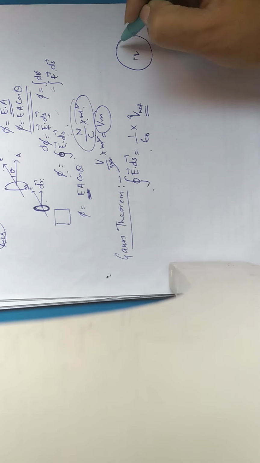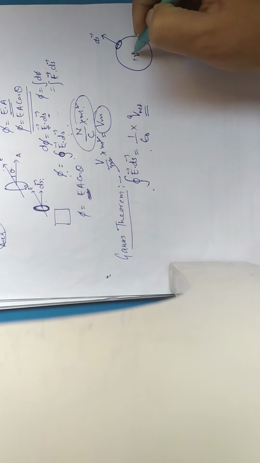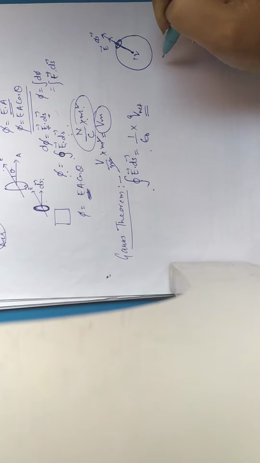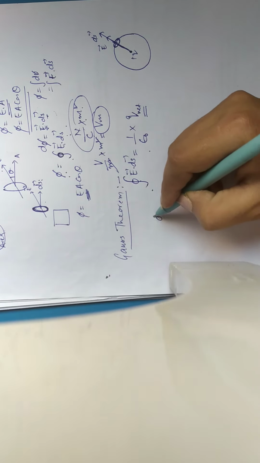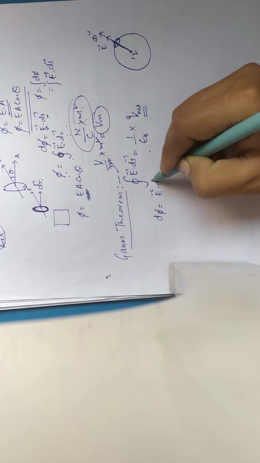Suppose first we consider a small surface area ds, acting in the outward direction. The electric field due to this positive charge will also point outward, meaning E and ds are both in the same direction. So when I find the small electric flux d phi, it will be E vector dot ds vector.